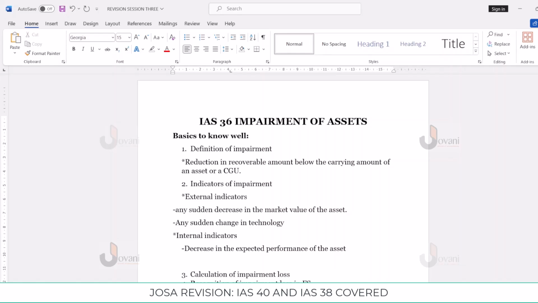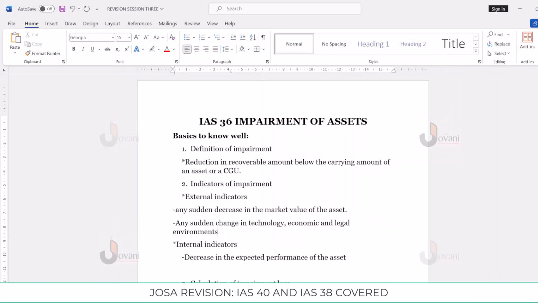We can talk about the economic or legal environment. So any change in technology or economic and legal environments. But now when it comes to Raymond's iPhone, any change in technology can be an indicator of impairment. Is that okay?